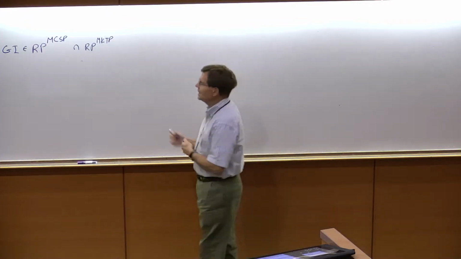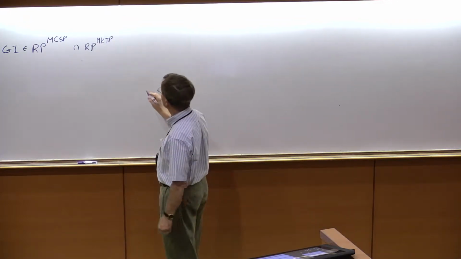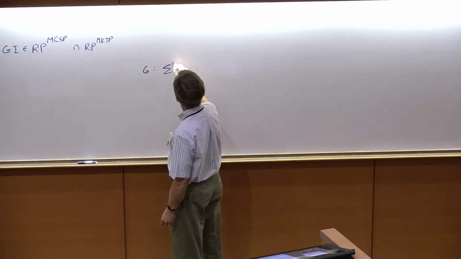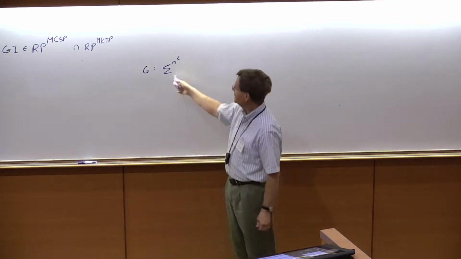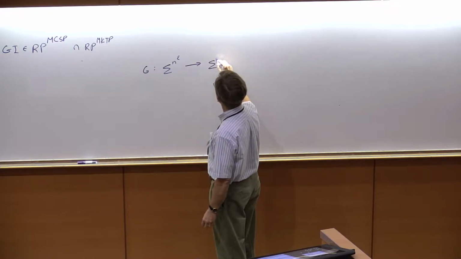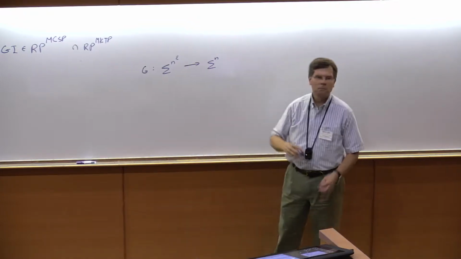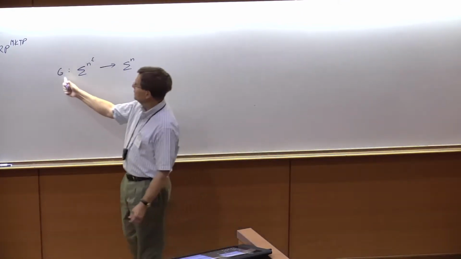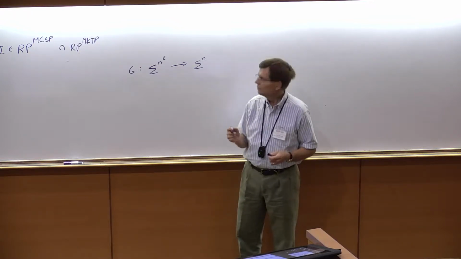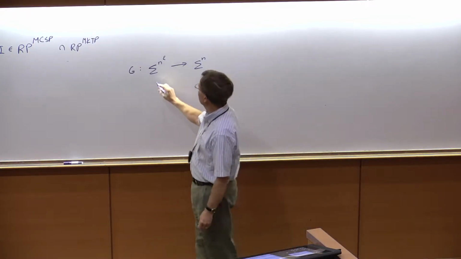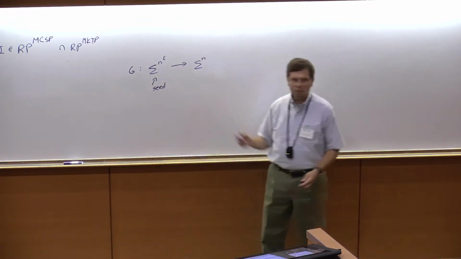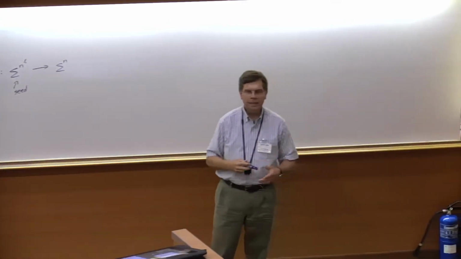From the standpoint of cryptography and complexity theory, a generator is just a function that takes short strings, let's say strings of length n to the epsilon for some epsilon, and produces a long string, a string of length n, or n to the k, where this is computable efficiently deterministically. So a polynomial time computable function. The input is called the seed, and the output is supposed to be pseudo-random.